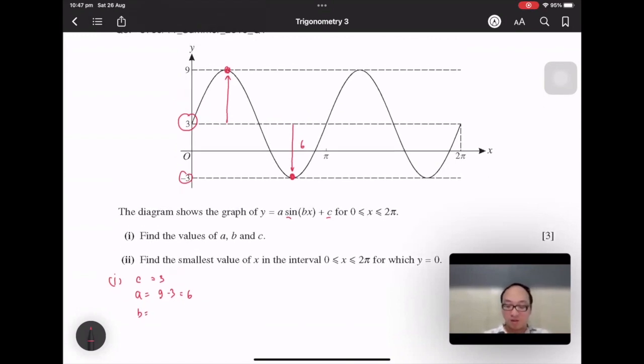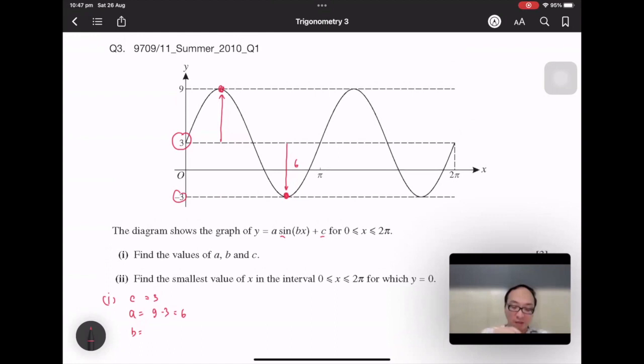So we can see that the period, from here to here, one wave, is from 0 until pi. You see from the principal axis, this is the principal axis. So you can see that the period is pi.